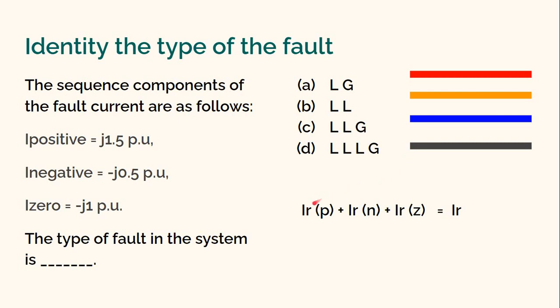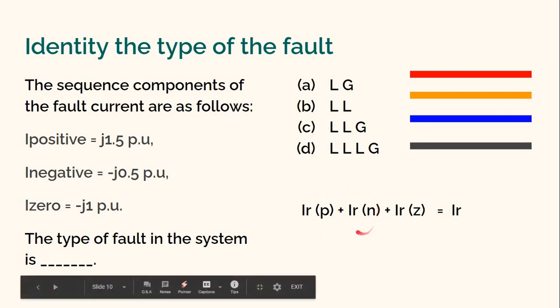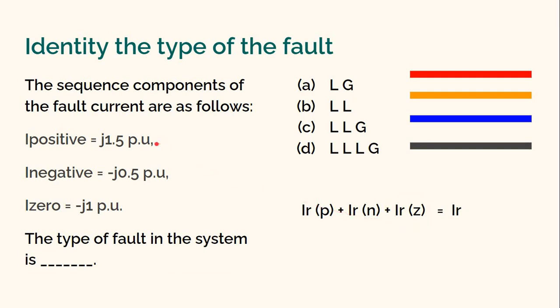So the positive, negative and zero sequence components will be equal in nature. That is the property of a single phase to ground fault. Here it is not the case. The positive, negative and zero sequence currents are not equal. So option A is also ruled out.